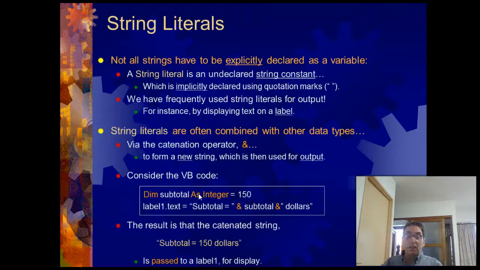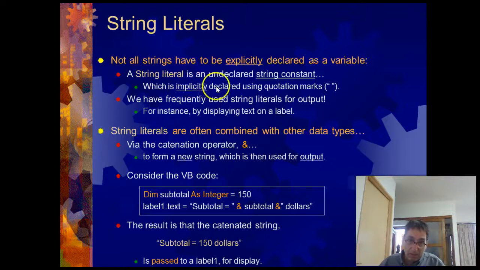Okay, string literals. Not all strings have to be explicitly declared as variables. I think we saw that because we took some text. I'm not sure if we did it or not, but anyway, a string literal is an undeclared string constant. So you don't have to declare it, you can just sort of use it.